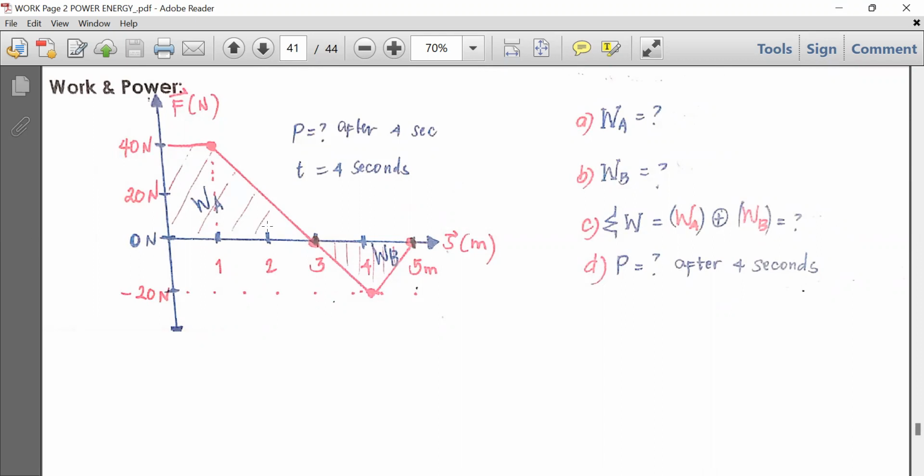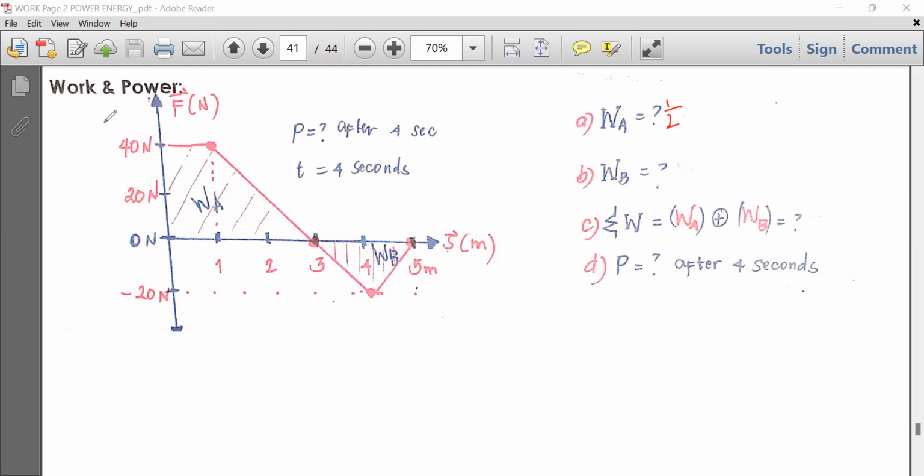Above the x-axis is positive, below the x-axis is negative. This one is a trapezoid and this one is a triangle. So for the trapezoid we have 1/2 times base 1 plus base 2, times height.